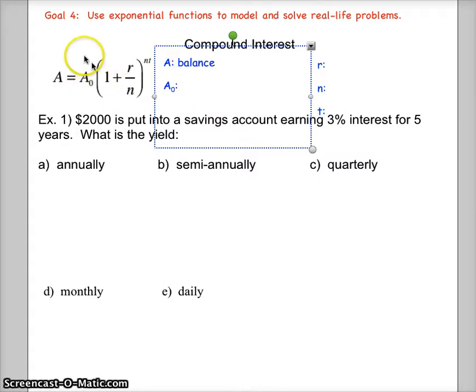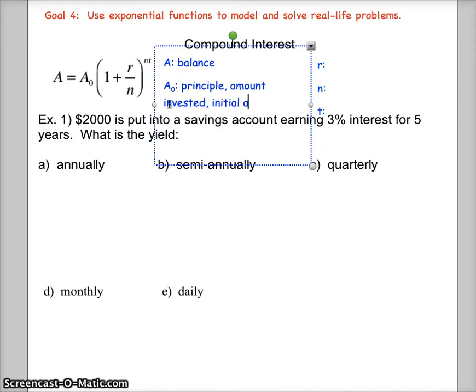You might see some formulas that substitute the capital letter P in the place of A sub 0, and that would be fine. Anytime you see sub 0, that means initial or beginning amount. So the principal amount is the amount invested, or the initial amount.